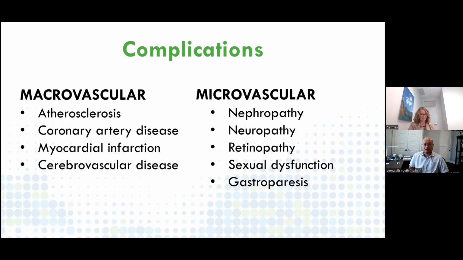So atherosclerosis is a complication, and that's just cholesterol buildup in the large arteries of the body. Coronary artery disease is atherosclerosis that involves the arteries of the heart. And once these arteries are blocked with cholesterol plaques, it can lead to such things as angina, which is chest pains, and myocardial infarctions, which are heart attacks.